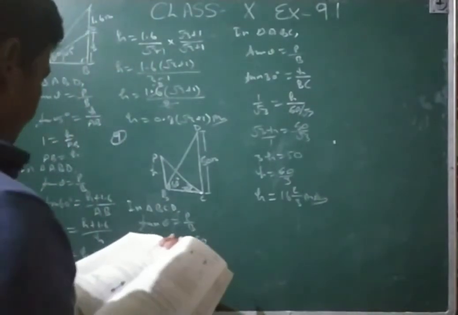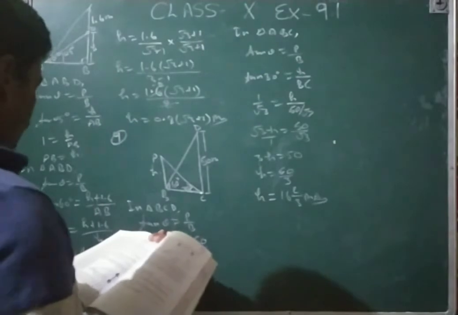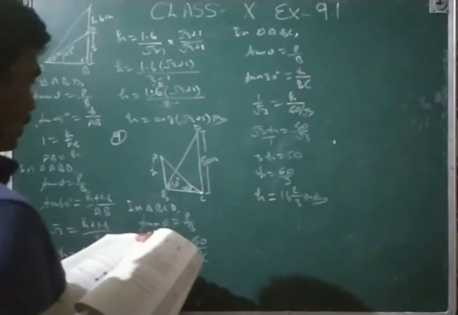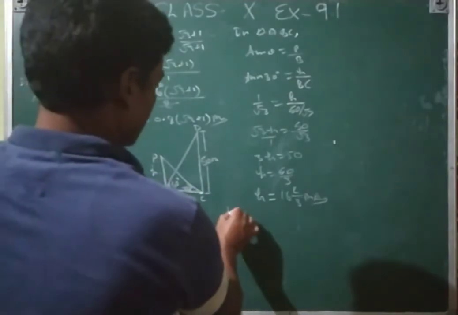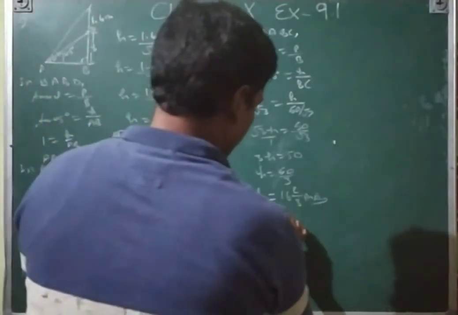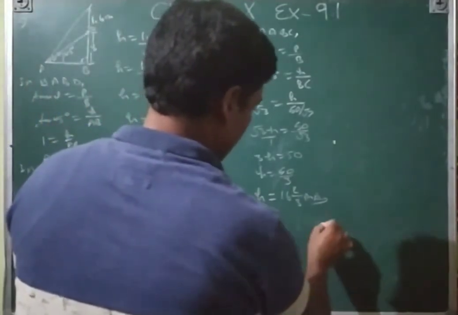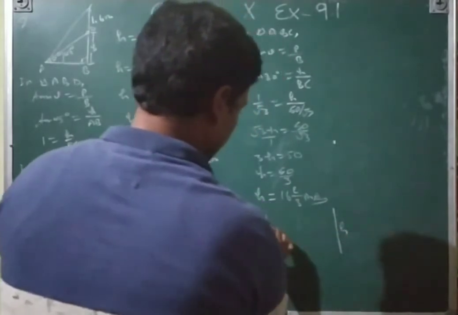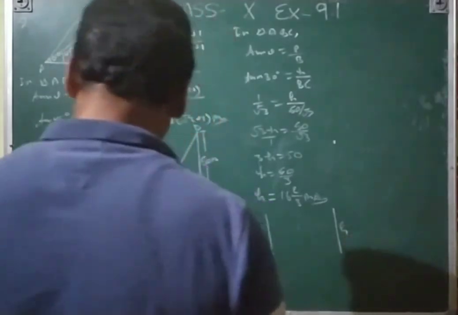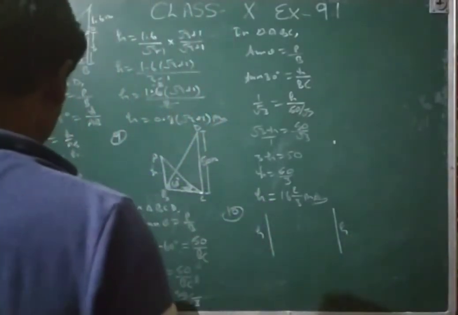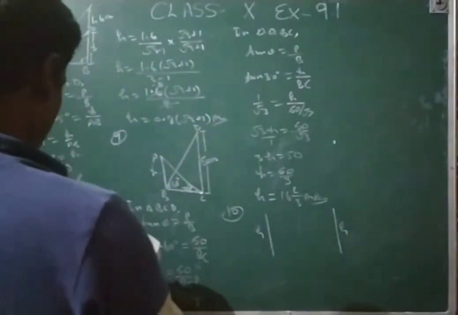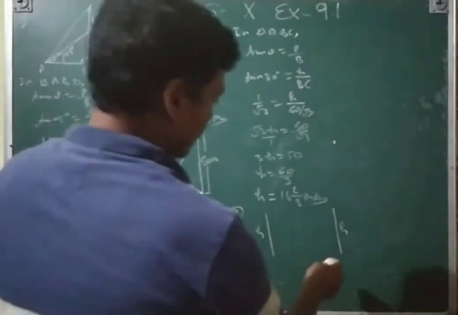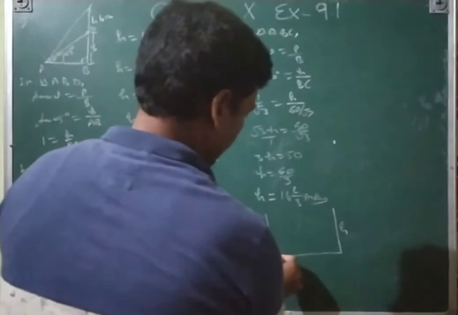10th question. Two poles of equal height are standing opposite each other on either side of a road which is 80 meters wide. So two poles of equal height, like this one pole and this one pole, that height is h.